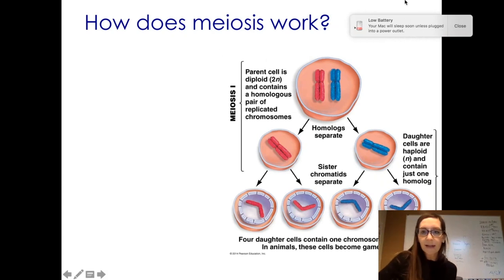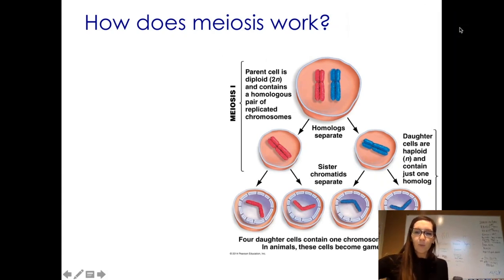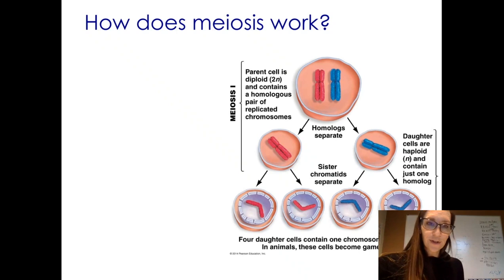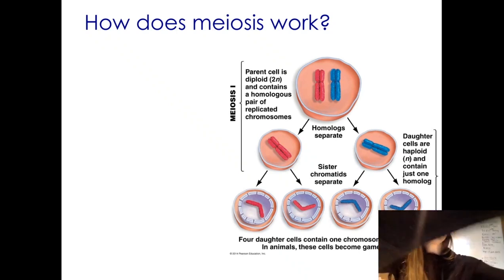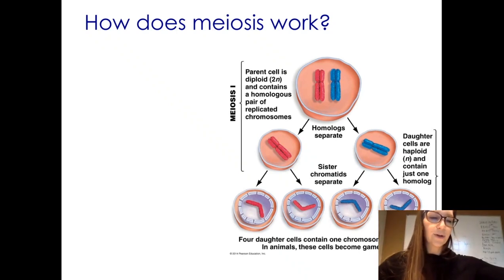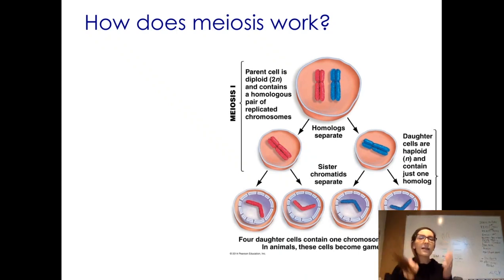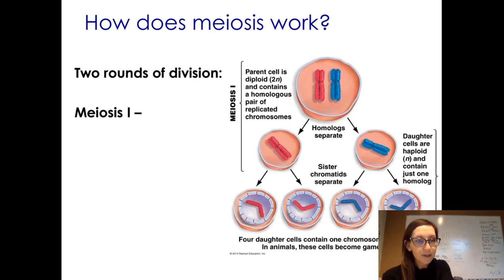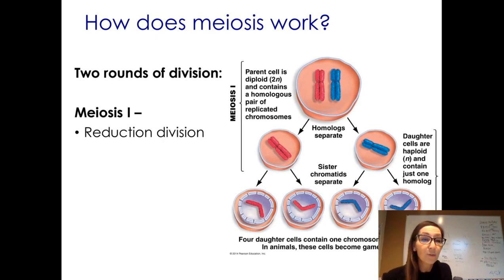Meiosis, unlike mitosis, which was a single division, is actually two divisions. Sorry, my computer's dying. It consists of two rounds of division. Meiosis 1 is called a reductional division, where you are halving the number of chromosomes.